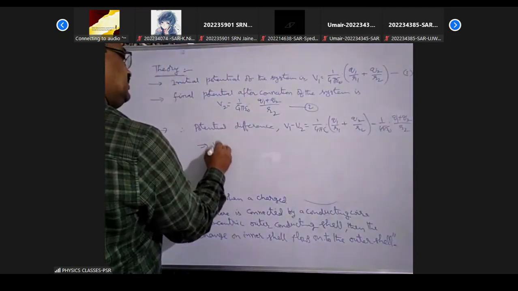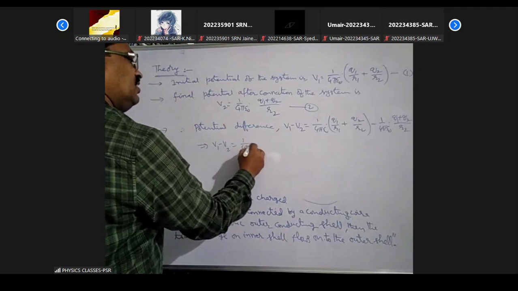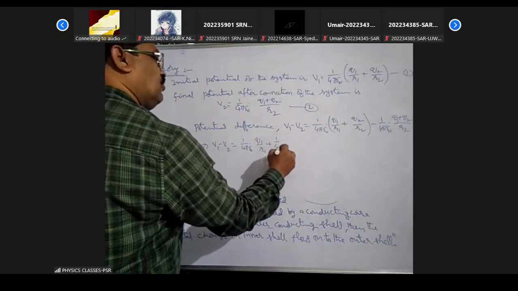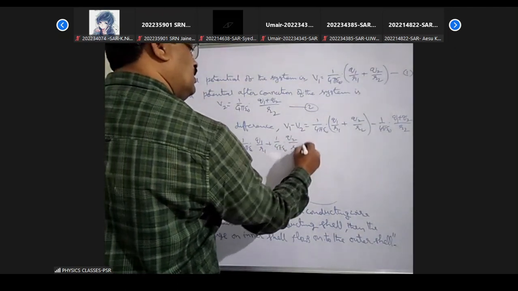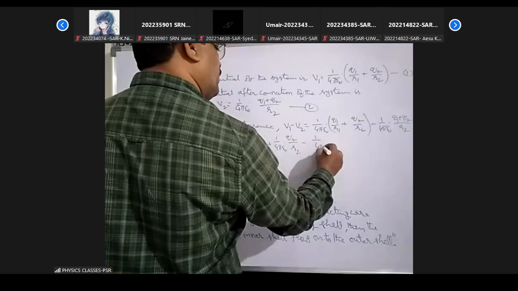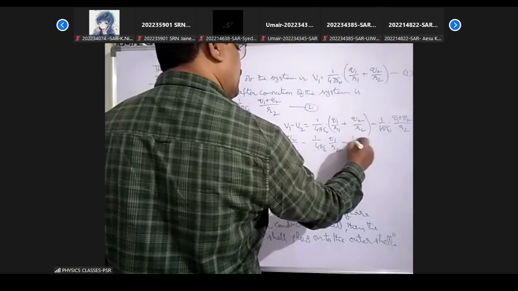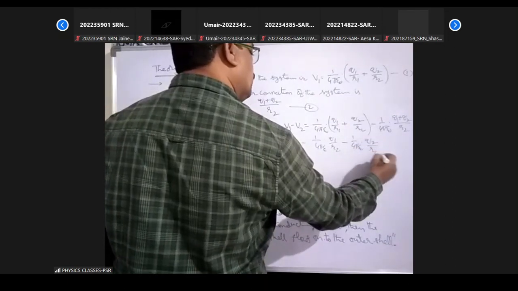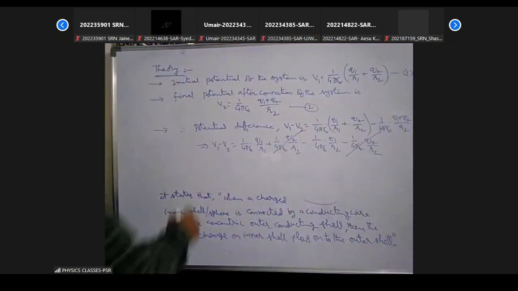This implies V1 minus V2 is equal to how much now? On expansion, we get 1 by 4 pi epsilon naught into Q1 by R1 plus 1 by 4 pi epsilon naught into Q2 by R2 minus 1 by 4 pi epsilon naught into Q1 by R2 minus 1 by 4 pi epsilon naught into Q2 by R2. So the Q2 terms cancel each other.